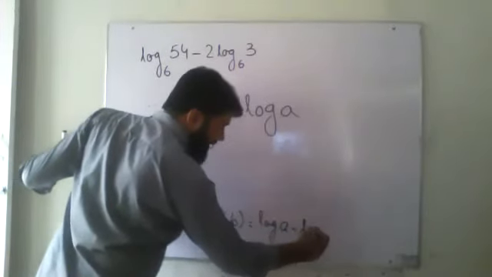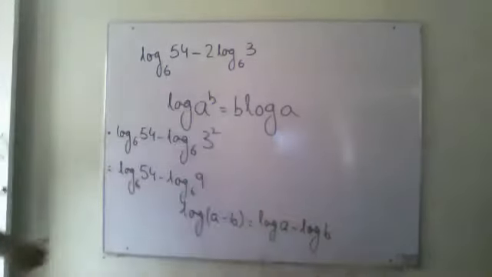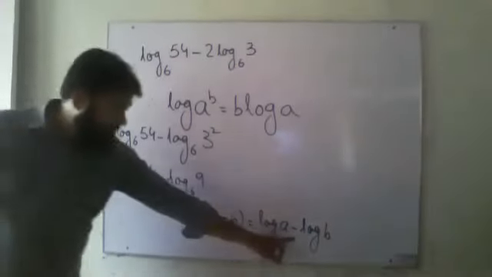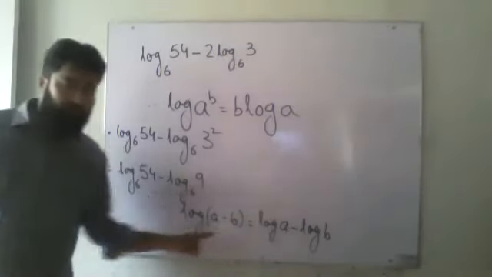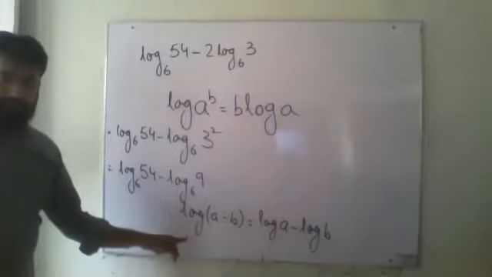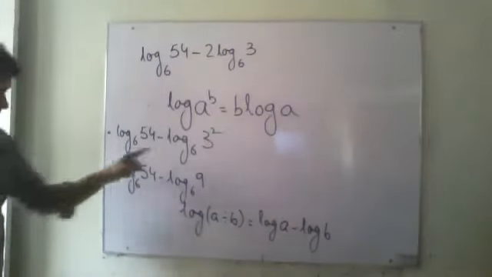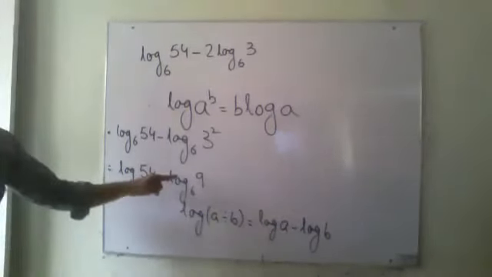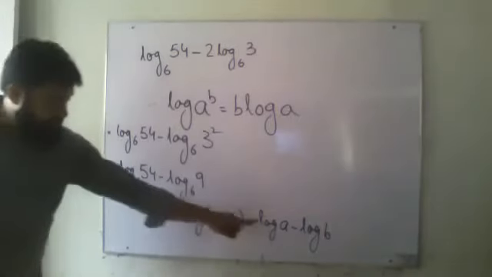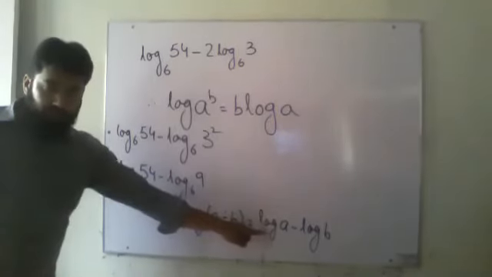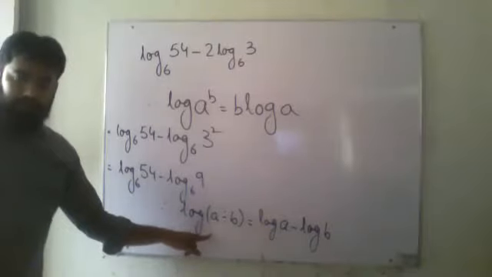I can write it like this. Or if two things are already in difference form, I can write them in this way. So what will happen? This one which is given over here is like this, so I can write it in this way.